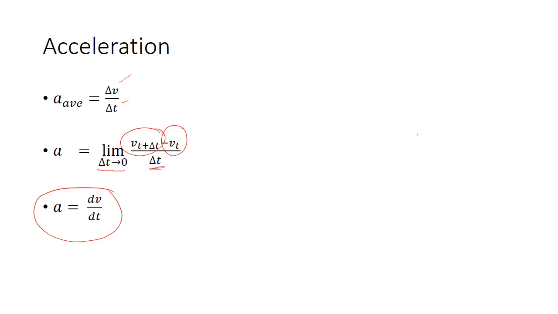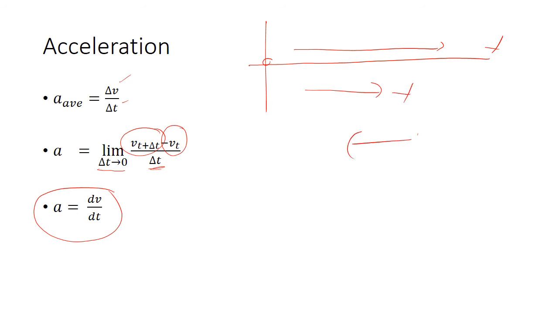And so acceleration works pretty much the same way. If you've got the origin here, and you say that direction is positive, then an acceleration in that direction is positive, and acceleration in the other direction is negative. What does this mean?